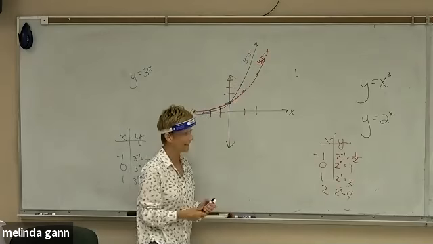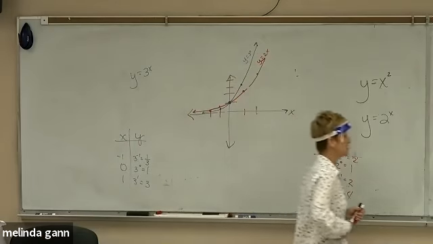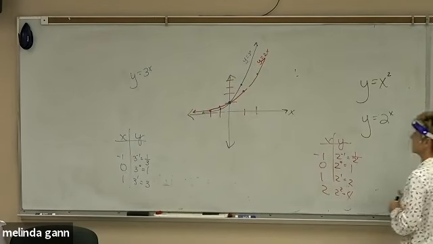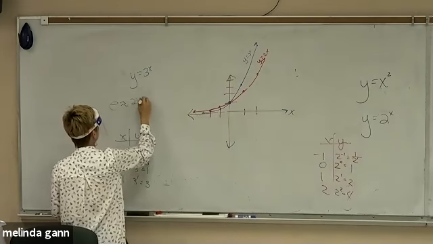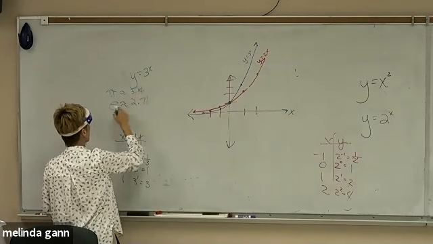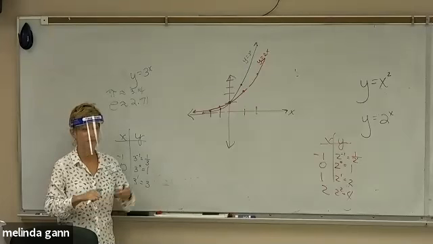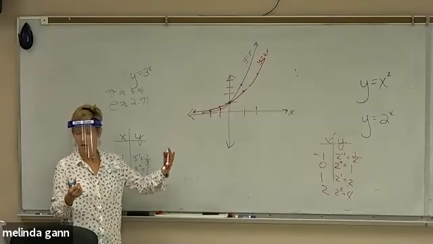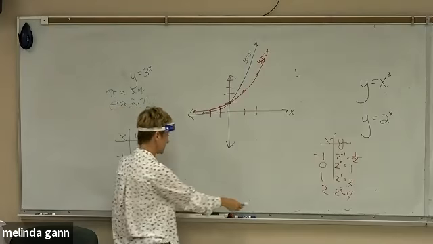You know what e equals? e is about 2.71. What's pi about? e is an irrational number like pi is an irrational number. It's one of those decimals that just goes on and on and on. So we're not going to panic when Dr. Gann tells us to graph y equals e to the x.